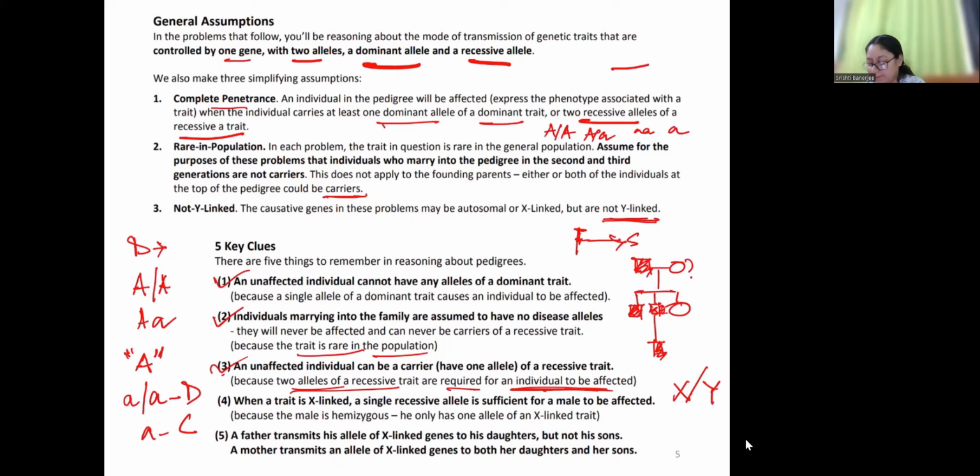But if it is an X-linked dominant one, then this has to be XA. If it's XAY, then the male is affected, and if it is a recessive one, then this alone is capable.